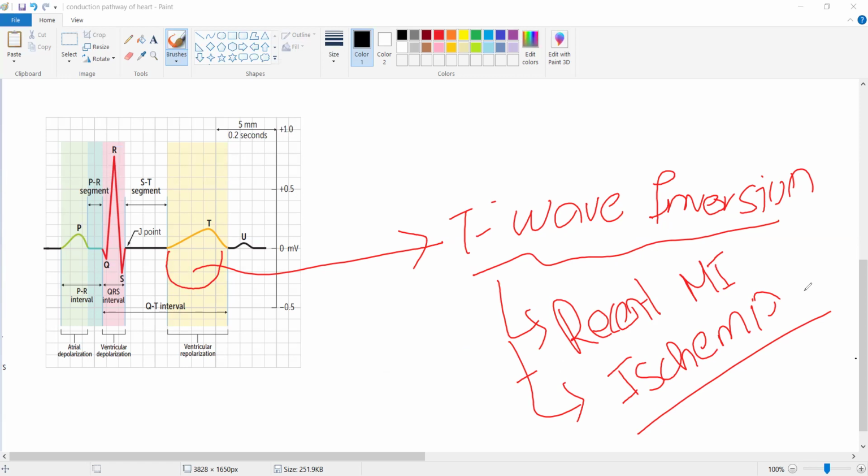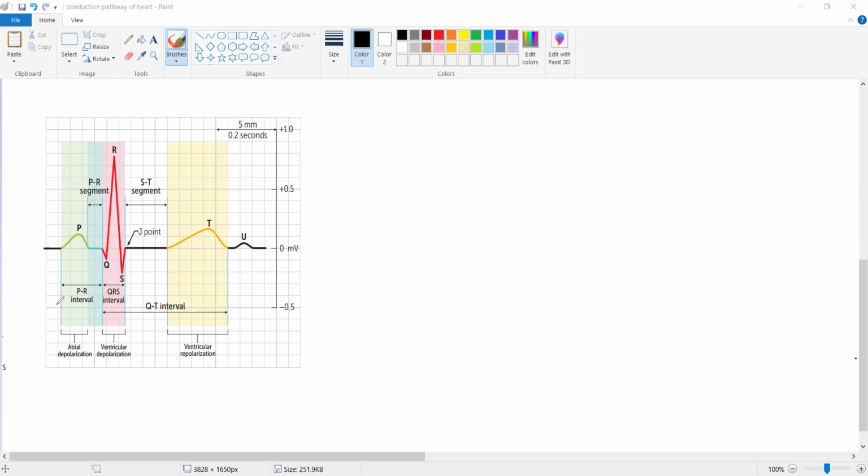Can anybody tell me the clinical QT interval? The QT interval includes ventricular depolarization, mechanical contraction of the ventricle, and ventricular repolarization. Because after the QRS complex, mechanical contraction of the ventricle takes place, and then the repolarization.